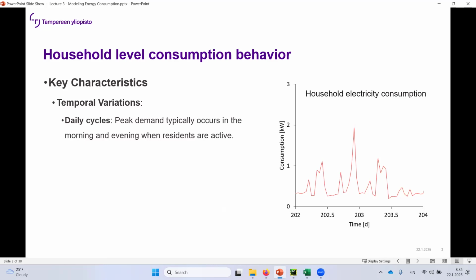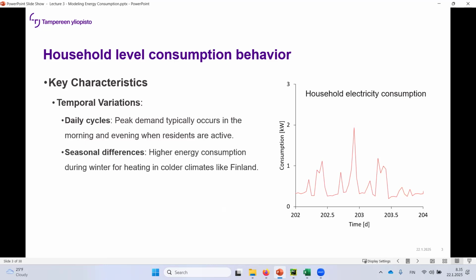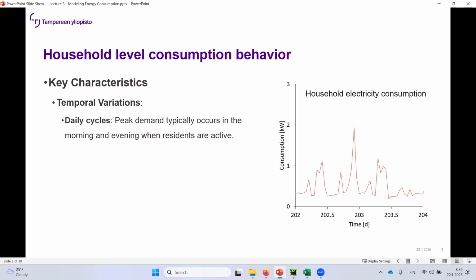And how to model that? There are these behavior models to account for these factors. But usually the behavior models also have some information from the past. So you have this time series. This is actually from my household again, since I have good access to that data.